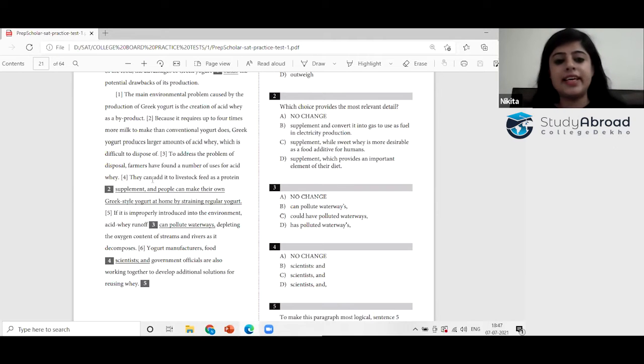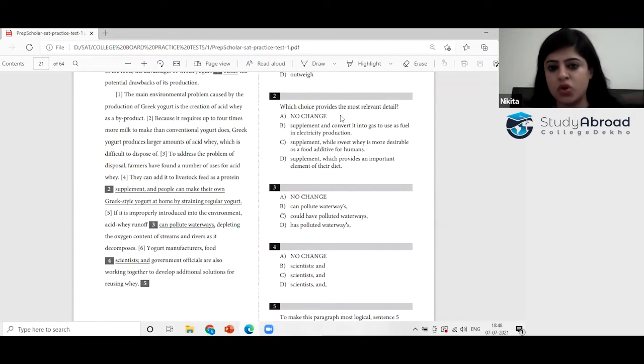Continuing, they can add it to livestock feed as a protein supplement, and people can make their own Greek style yogurt at home by straining regular yogurt. So this part of the information is underlined. That means it's not necessarily the right one. You have to make a choice.